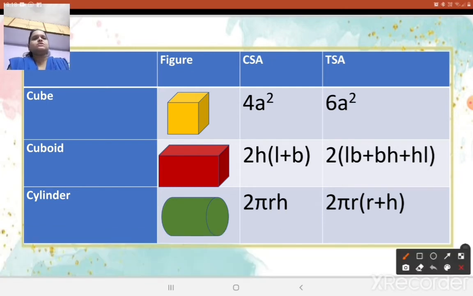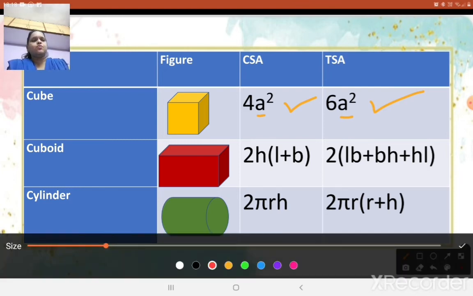Okay, so first of all, the curved surface area of a cube is 4a square and the total surface area of cube is 6a square. What is the a value in this case? Can you revise quickly? Yes, so recollect it, a is a side of a cube because in a cube all sides are equal. Correct? Now the second one is cuboid.